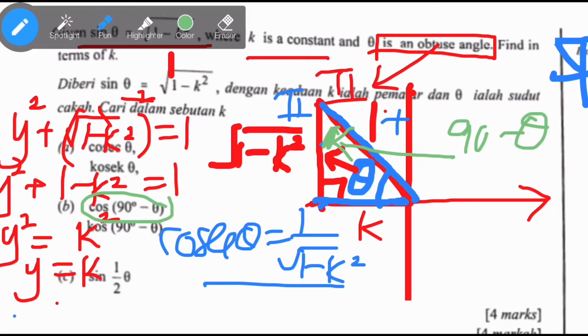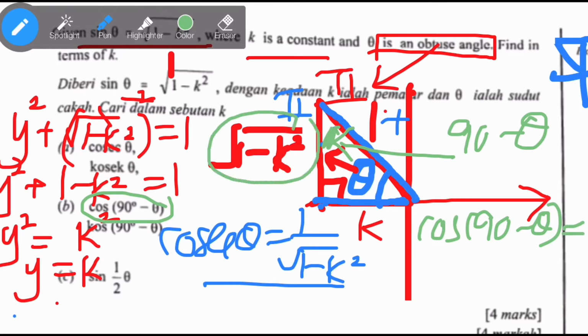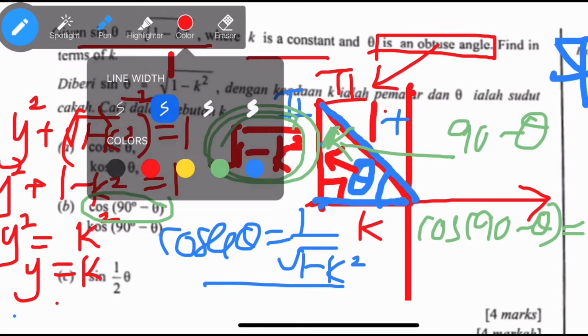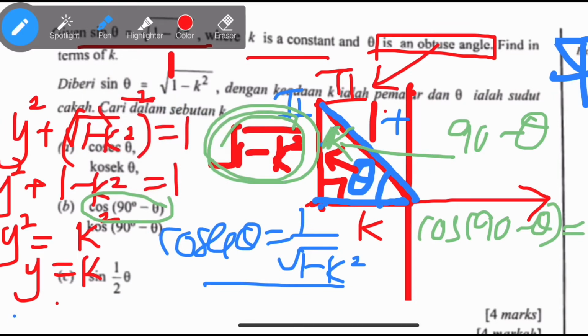So cos is CAH, adjacent. We always draw the arrow from the angle we want to read. So we draw the arrow from 90 minus theta. That means the adjacent will be square root of 1 minus k square. Remember, it depends on the angle.